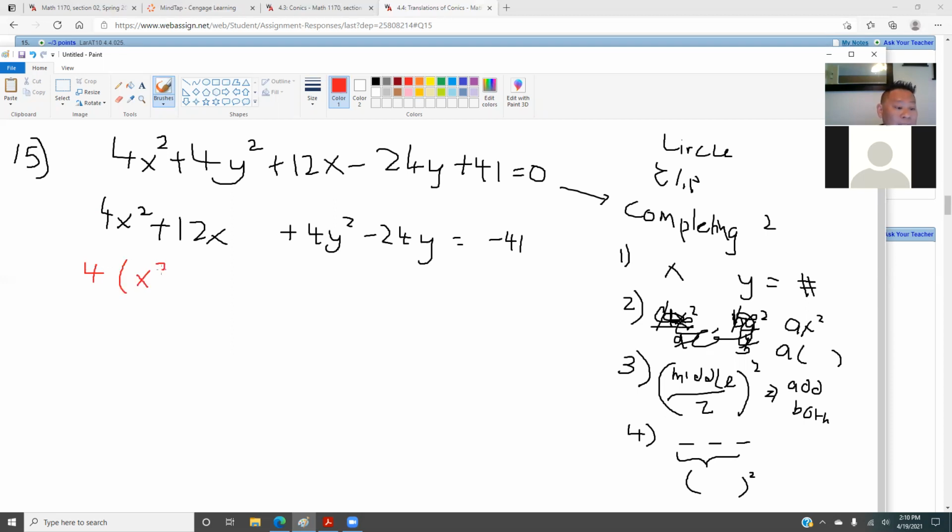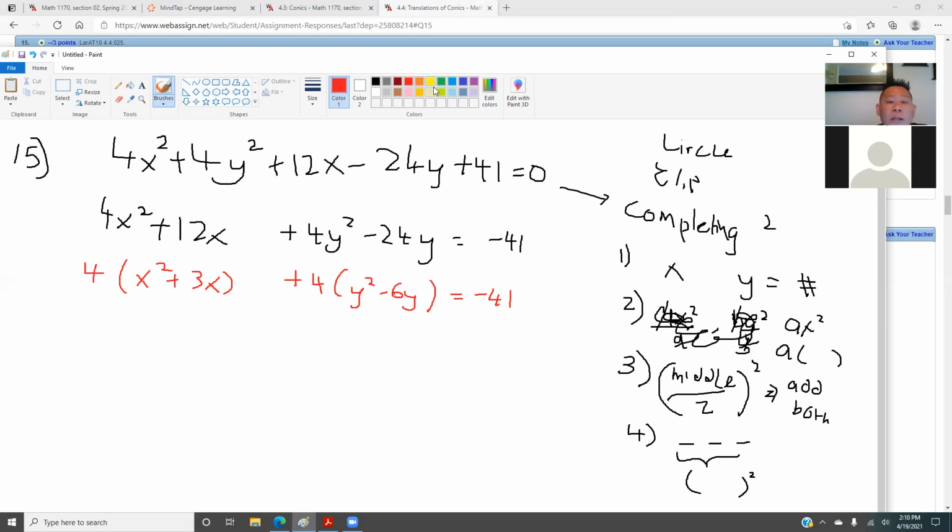What I have in this case is x squared plus 3x. Same thing with the y. We also have a leading coefficient of 4, so we will factor the 4 out. You will get y squared minus 6y, and you still have negative 41 over here. So we don't divide this. You can divide it actually, but factoring is better.